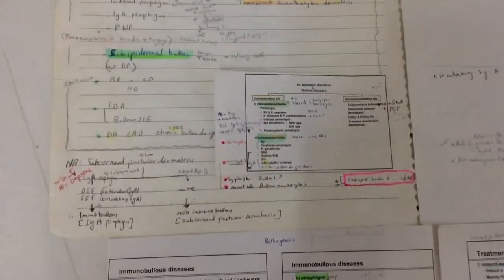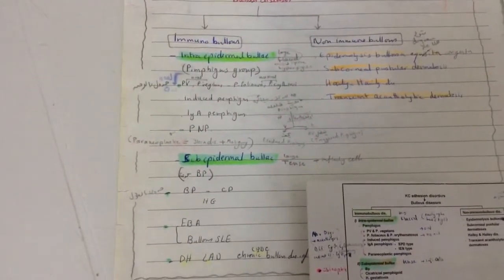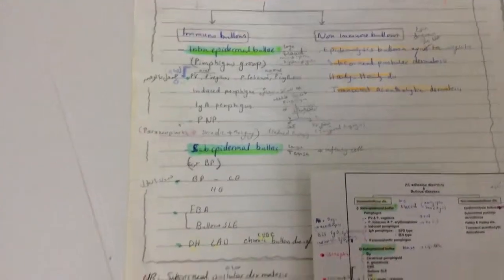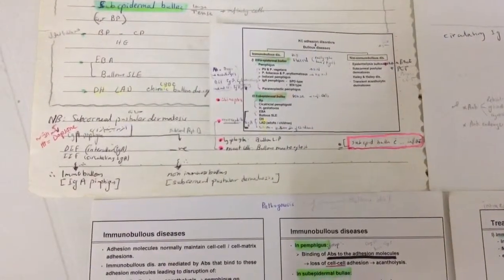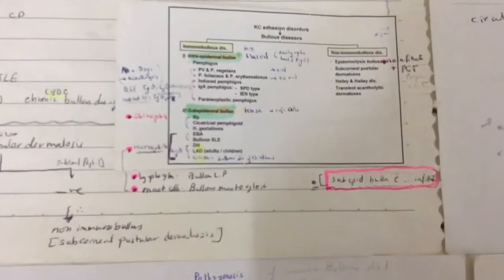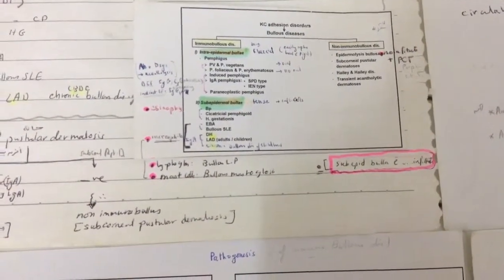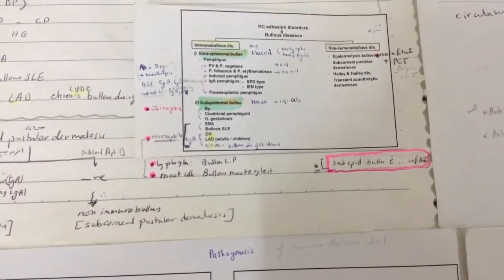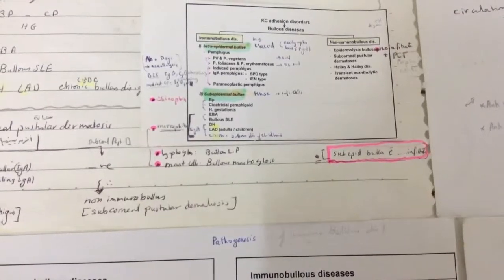Now, for the histopathology, there is the pemphigus group, which is intraepidermal bullae. The subepidermal bullae are either subepidermal bullae with eosinophils, like bullous pemphigoid, cicatricial pemphigoid, and herpes gestationis, or subepidermal bullae with neutrophils, like epidermolysis bullosa acquisita, bullous systemic lupus, DH, and linear IgA and chronic bullous disease of childhood.